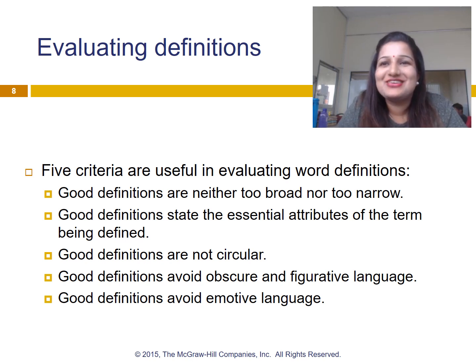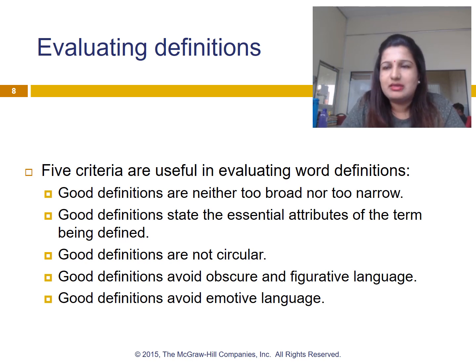All right, now let's take a look at the third criterion. A good definition should not be circular. This is very important. If you notice, some people have a tendency to do this. What do I mean by circular? Let me give you an example. Let's say I ask you, what's the definition of a teacher? And you tell me that a teacher is a person who teaches. Well, technically it's not wrong. It's still a definition.